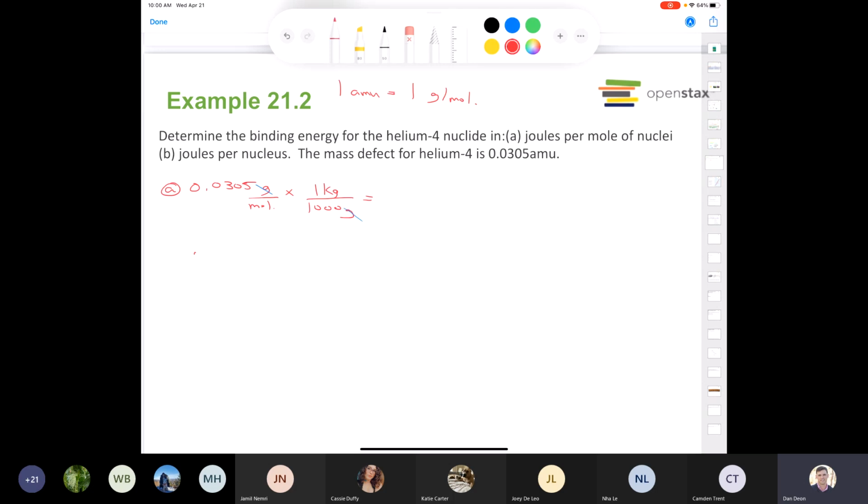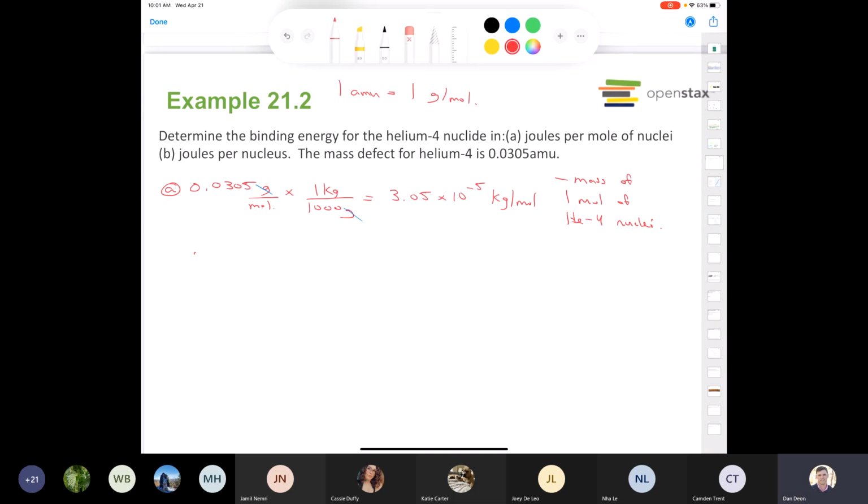We end up with the mass of our mole of nuclei as 3.05 times 10 to the negative 5 kilograms per mole, right? This is the mass of 1 mole of He4 nuclei. Okay, we have the mass.